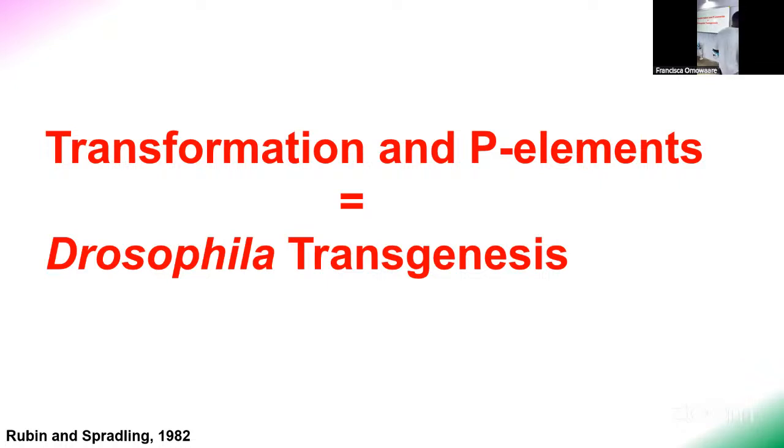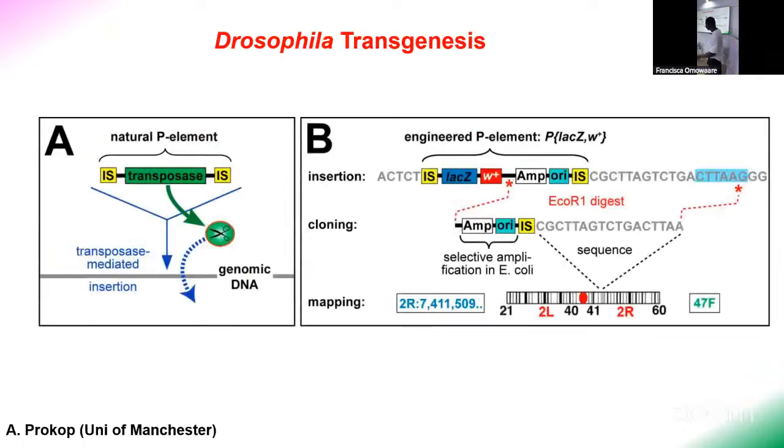I'm going to show you how that has been done. The concept is that you have an enzyme called transposase that can cut DNA and allows you to insert something into it. You then need a little bit of molecular biology to design your own P element. What do you want to have in your P element? Do you want a GFP there?